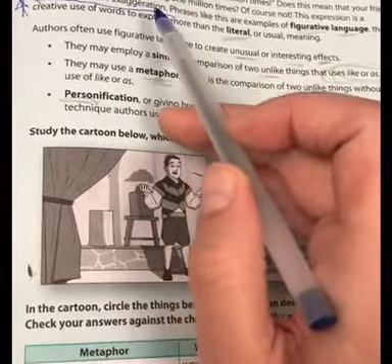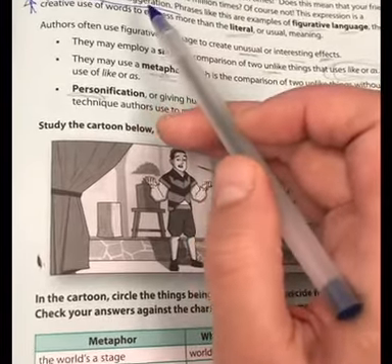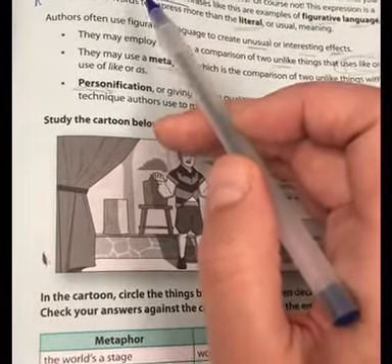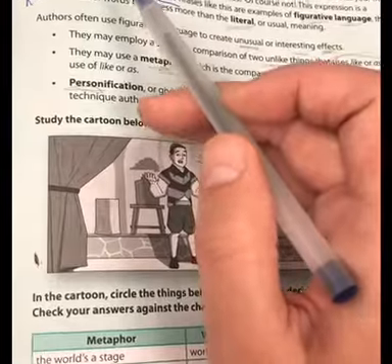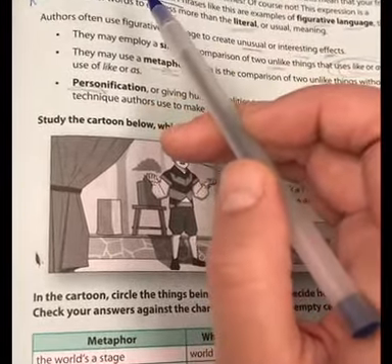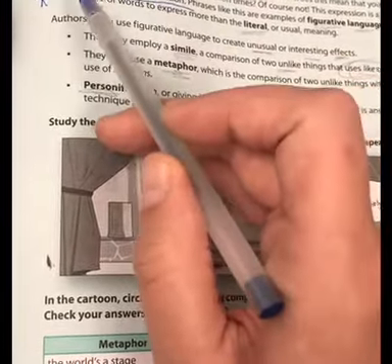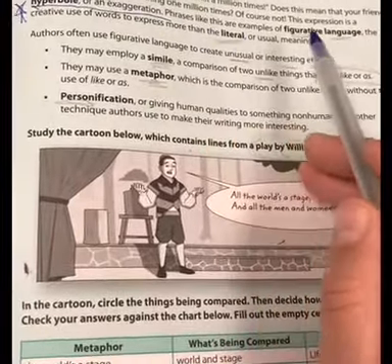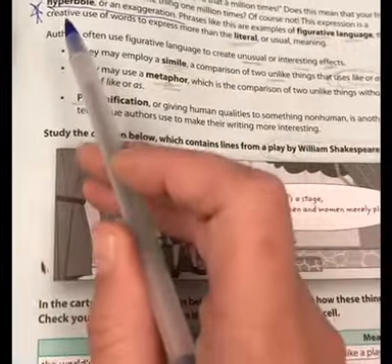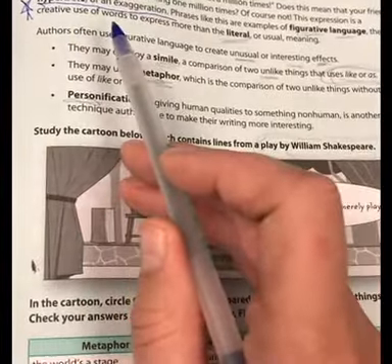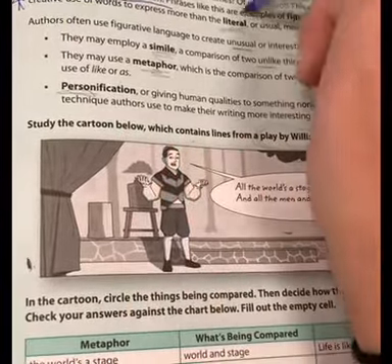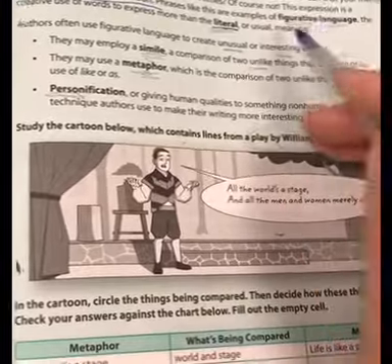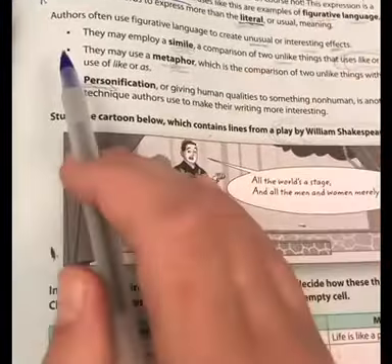Just like I'm so hungry I can eat a horse. Obviously, most people are not going to eat an actual horse, but they're trying to get a point across. They're trying to get the point across that they are super hungry, and they're doing it with hyperbole. Now, phrases like this are examples of figurative language, and that is a creative use of words to express more than the literal or usual meaning.